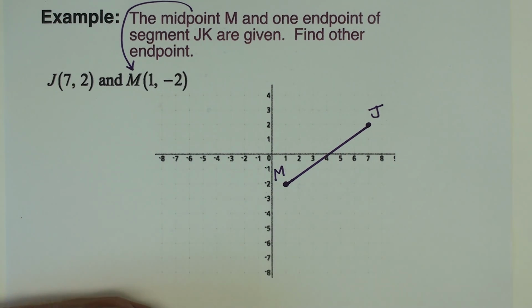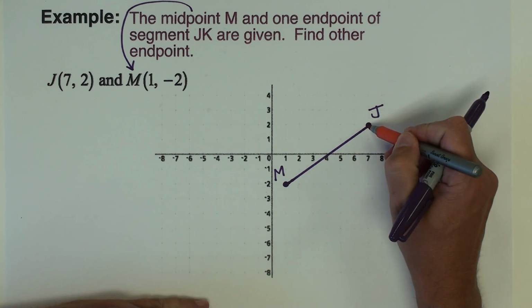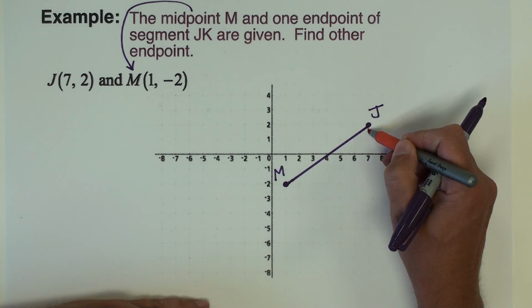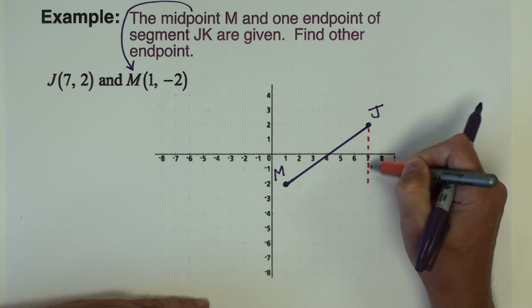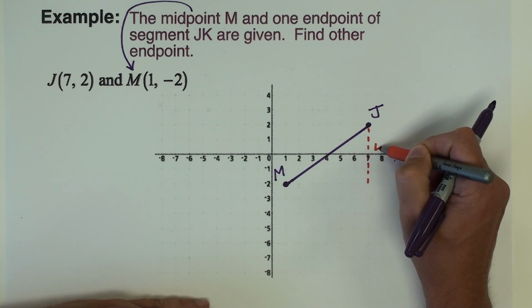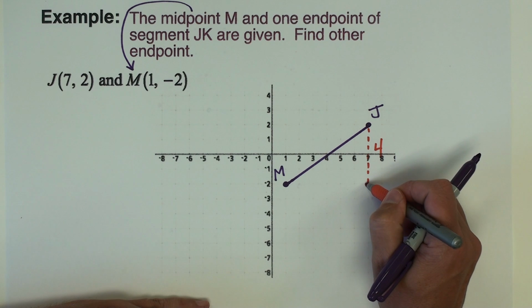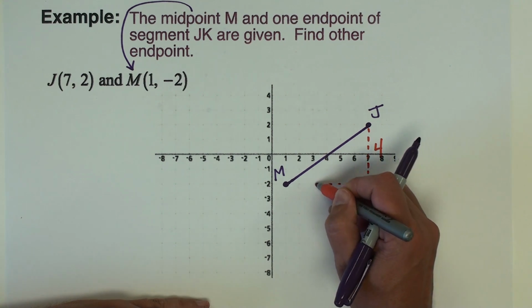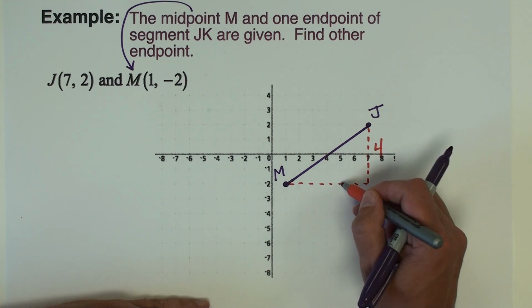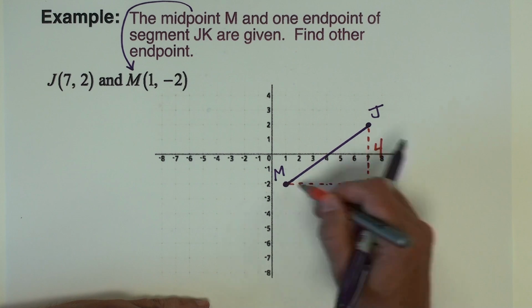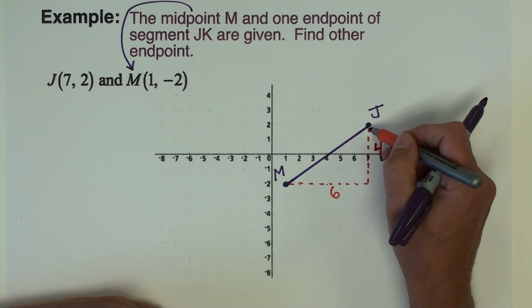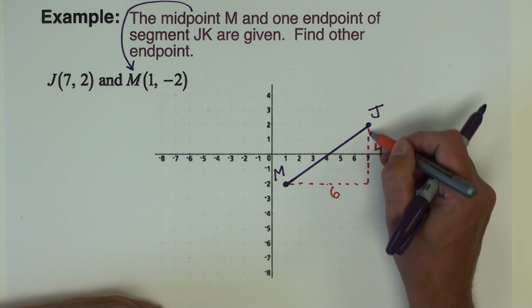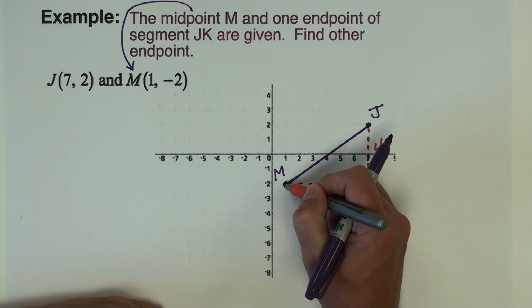Now, I personally like this counting approach, so I'm just going to go ahead and do that. To get from J to M, I went down 4 units, and I'm going to go across horizontally 1, 2, 3, 4, 5, 6 units. So to get from one endpoint to the middle, it's down 4, over 6. I'm going to do that again.